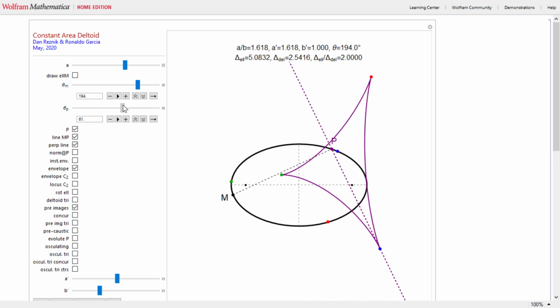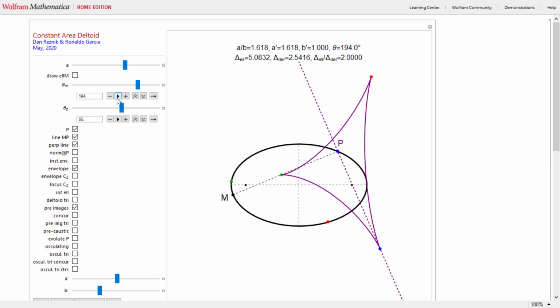When P is on one of these preimages, for example, this blue one, it means that the line going through P perpendicular to P minus M is instantaneously tangent to the deltoidal envelope, but at the cusp. So the preimage of this blue cusp is this blue point, the preimage of this red cusp is this red point, and of this green cusp is this green point.